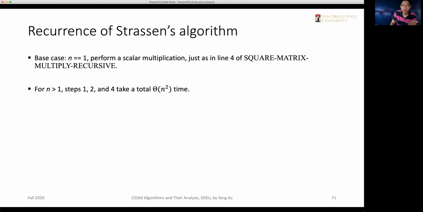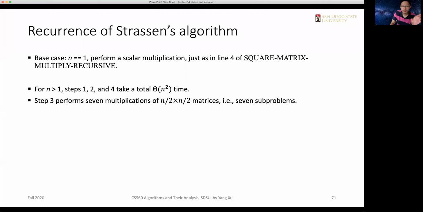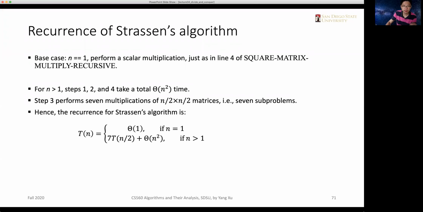For the recursive case, Strassen's algorithm's recurrence is 7 times T of n over 2, plus some quadratic function that includes the cost of steps 1, 2, and 4.